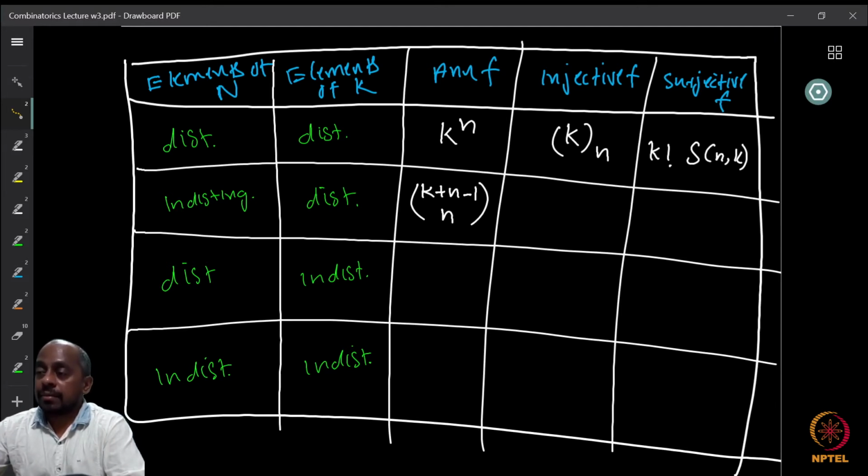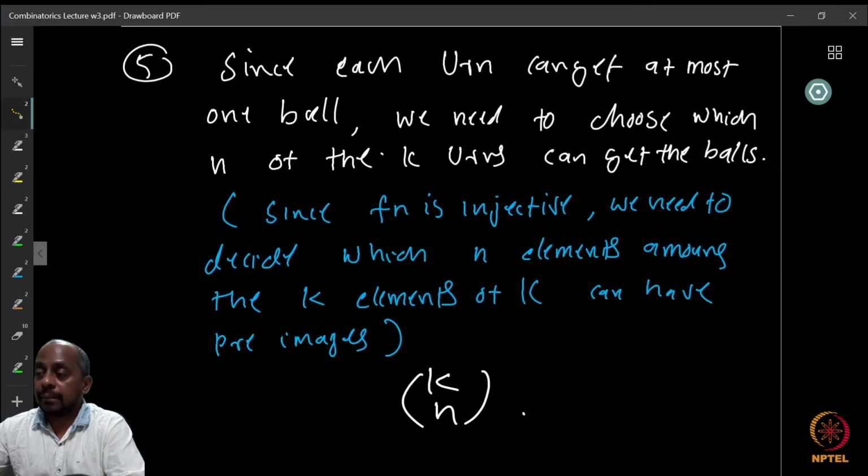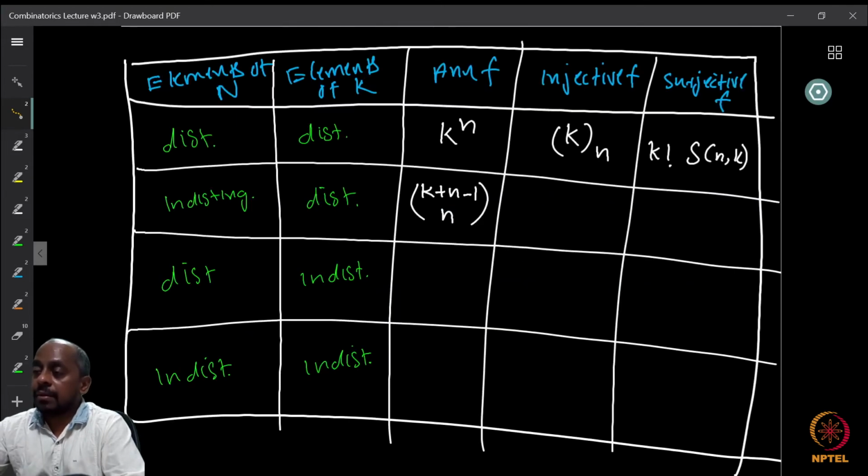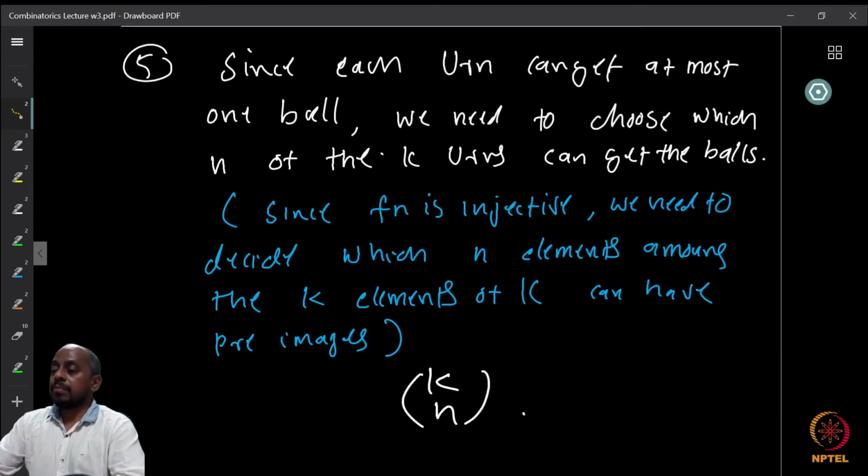Okay, fifth case, which means that we have injective f. Injective f means that you have at most one, which means that each urn can get at most one ball. So we need to choose which n of the k urns can get the balls.